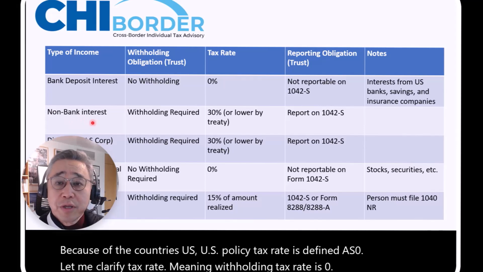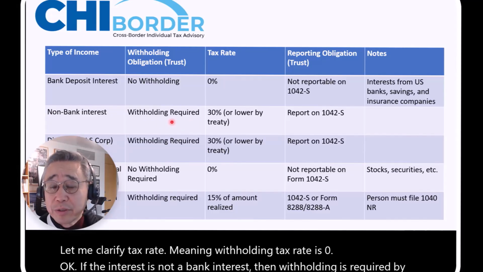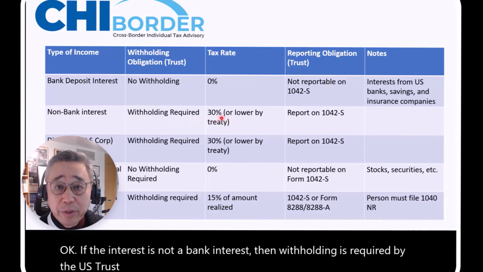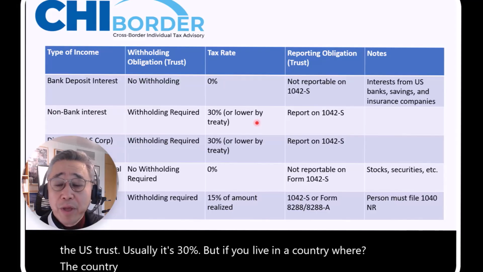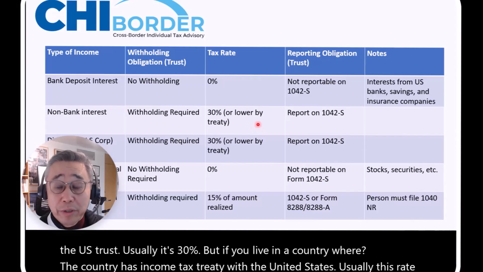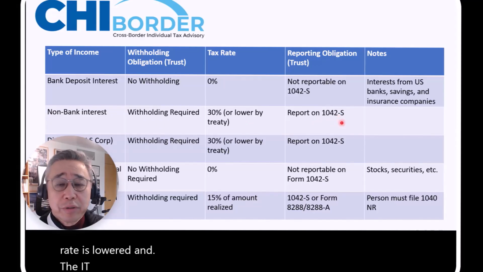If the interest is not bank interest, then withholding is required by the U.S. trust. Usually it's 30%. But if you live in a country that has an income tax treaty with the United States, usually this rate is lowered, and it is reported on 1042-S.